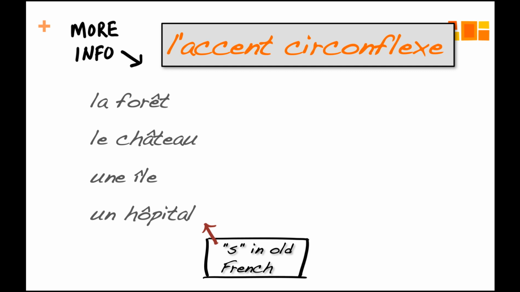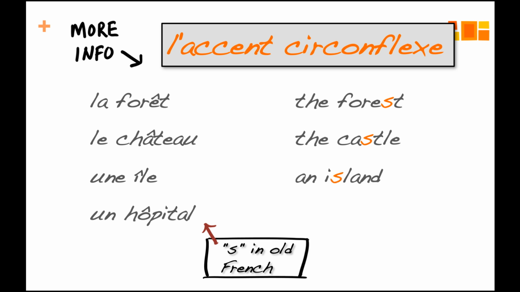Often, where nowadays we have the accent circumflex, there was an S. And if you compare this with the English words, you find that the S is still there. La forêt in English becomes the forest, so here you have your S. And le château in English becomes the castle. Une île is of course an island in English, and you don't pronounce the S in island, but it's still there when you write it. And of course an hôpital is a hospital.